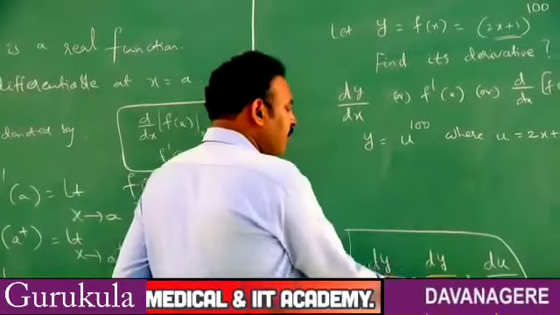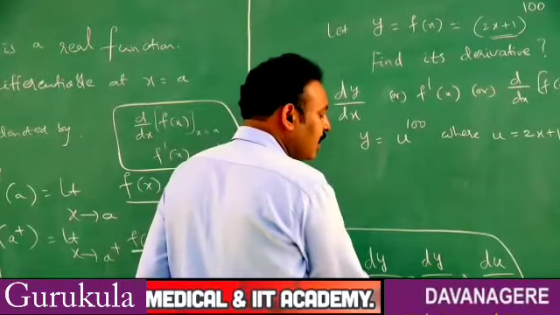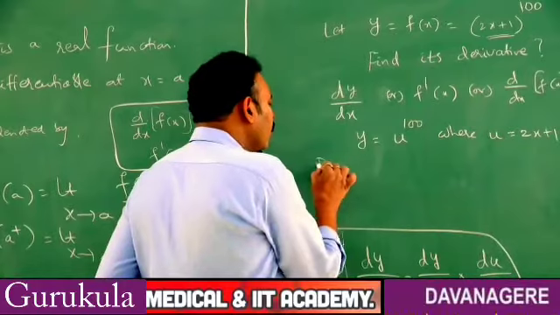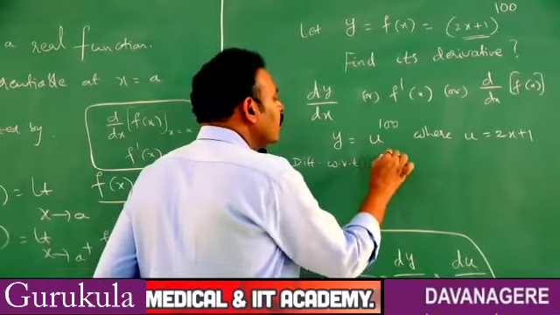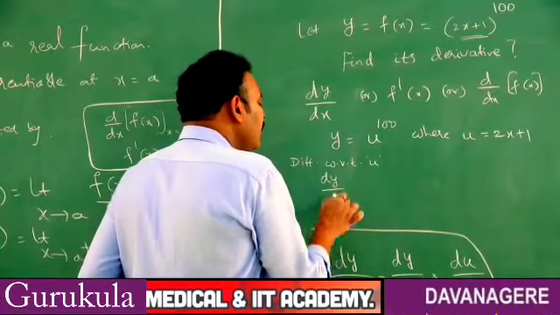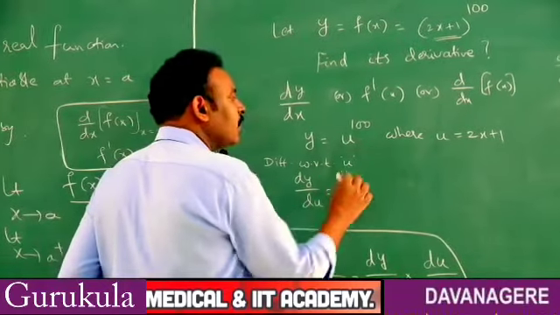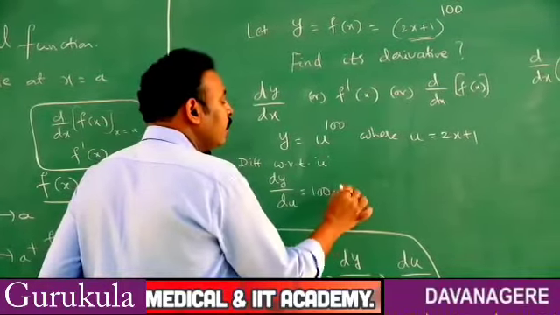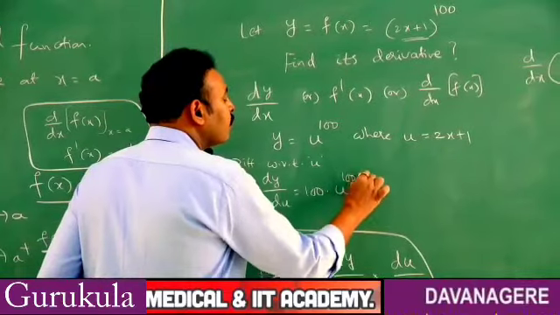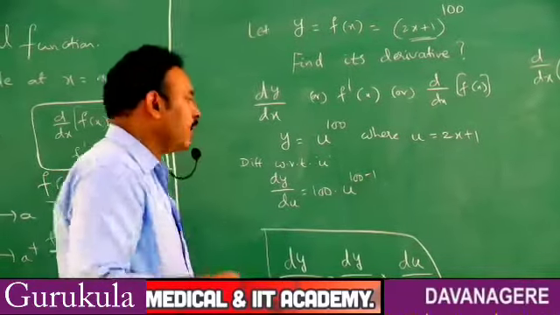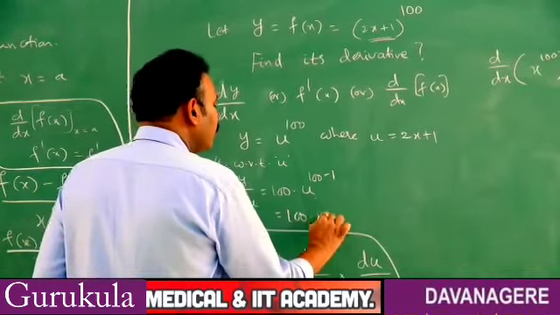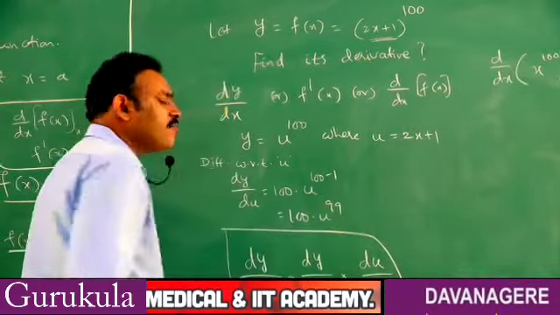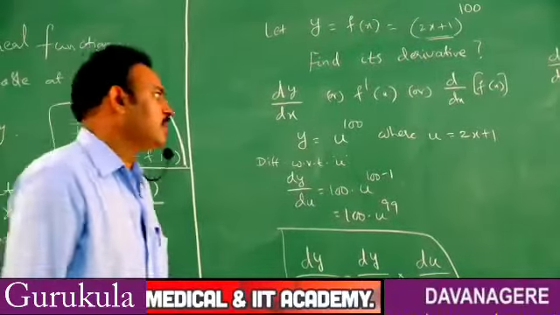It means differentiate the function y with respect to u. That is dy by du is equal to n into x to the power of n minus 1, which is nothing but 100 into u to the power of 99, students.